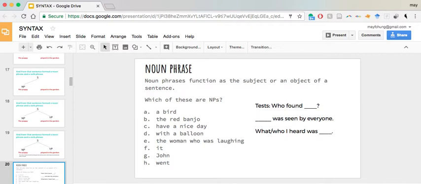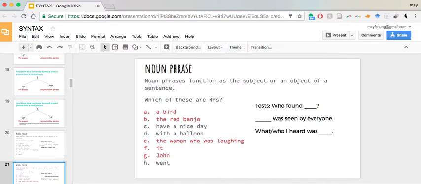A, a bird; B, the red banjo; C, have a nice day; D, with a balloon; E, the woman who was laughing; F, it; G, John; H, went, okay? Try to figure out which ones are noun phrases. So the ones that are noun phrases are A, a bird, B, the red banjo, E, the woman who was laughing, F, it, and G, John.